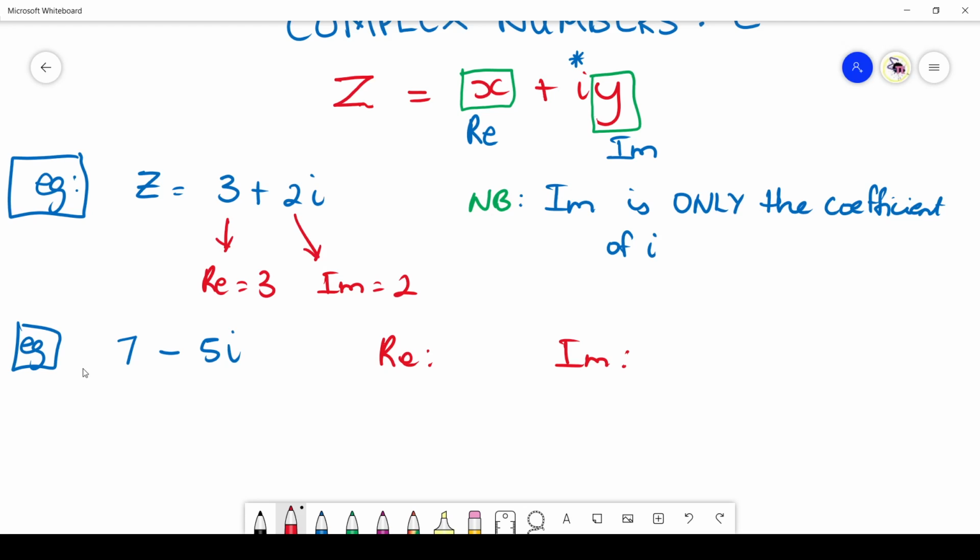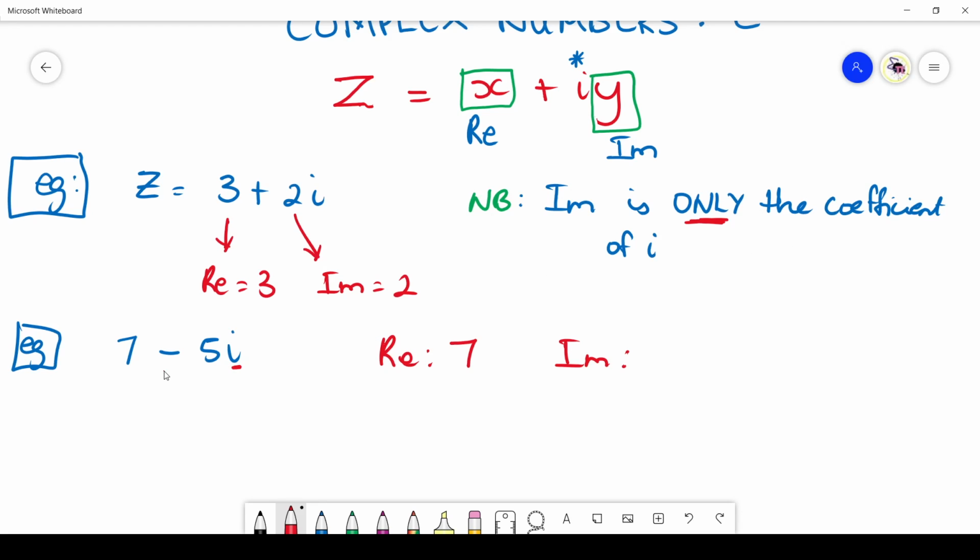Up front, it's a two-part component, and you can recognize that i being present. So one, that's how you recognize a complex number. It has that i, and it's a two-part component, right? And the real part is the one that does not have the i. The real part is just the number 7. And of course, the imaginary part is only the coefficient of i.